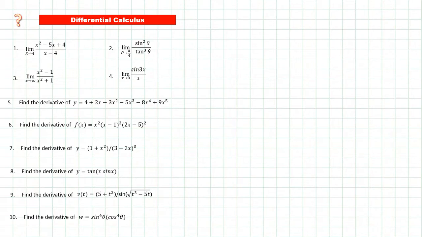We are to find the limit of the function x squared minus 5x plus 4 all over x minus 4 as x approaches 4. Okay? So, gamit tayo ng blue siguro. So, number one, pinapahanap sa atin yung limit as x approaches 4 of x squared minus 5x plus 4 all over x minus 4.